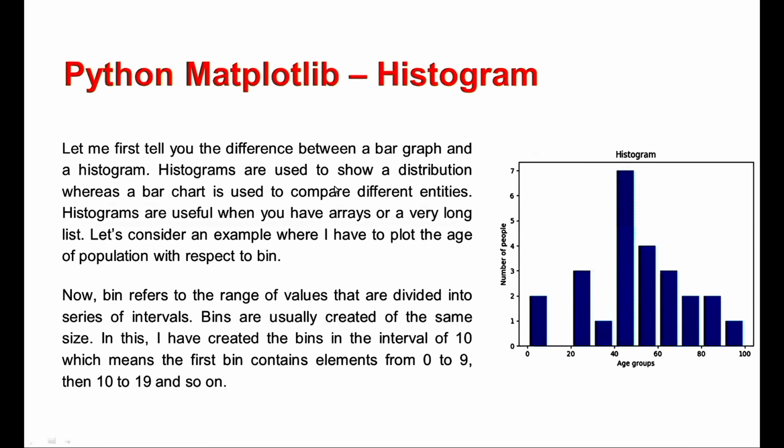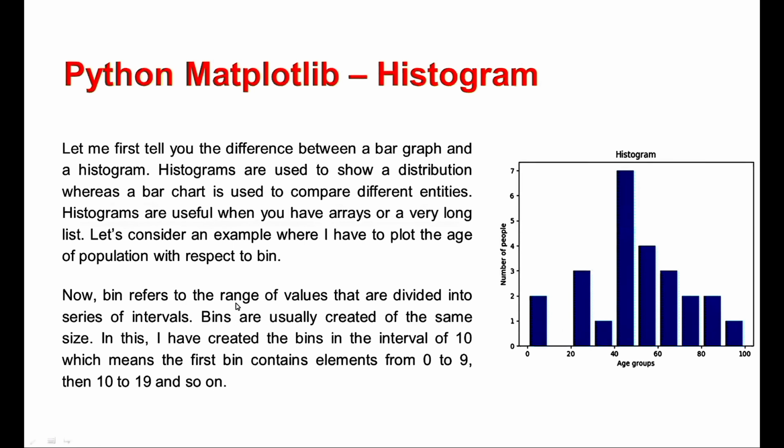So the histogram is used to show the distribution among the variables, and the bar chart is used to compare different entities. Histograms are useful when you have arrays or a big long list, right? This is an example of a histogram, and in this the bins are used. What are bins?